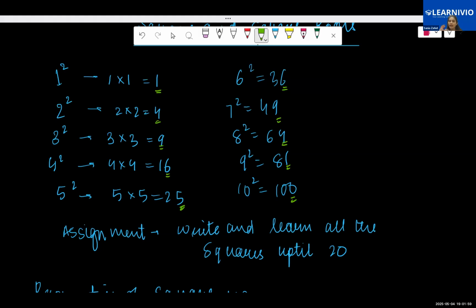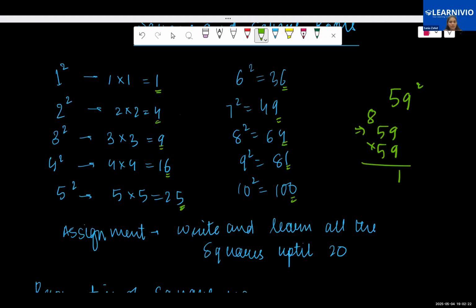Now, if you look at any other number, let's suppose I talk about 59. Now, what will 59 square end with? How will you find out? You'll do 59 into 59, isn't it? So, I know that 9 into 9 is 81.